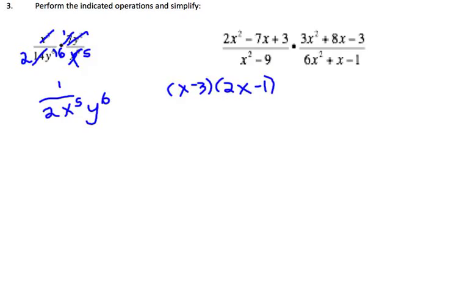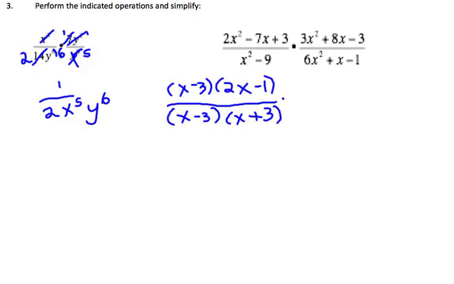I was looking for what multiplied to 6 and added to negative 7, which was negative 6 and negative 1. That multiplied to positive 6, added to negative 7. I separated the negative 7x into negative 6x minus 1x, and then I finished factoring by grouping. My denominator, I have x squared minus 9, which gives me x minus 3 times x plus 3. Difference of squares is always the sum and difference of the roots, in either order, of course.